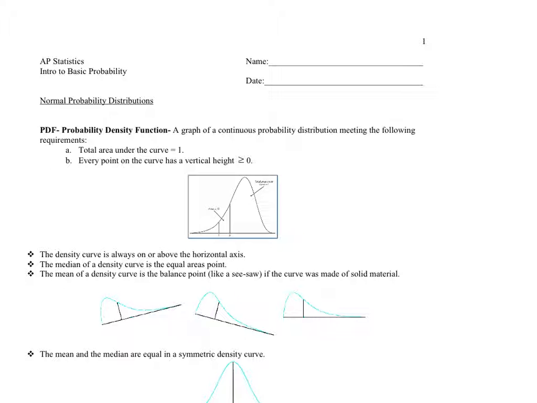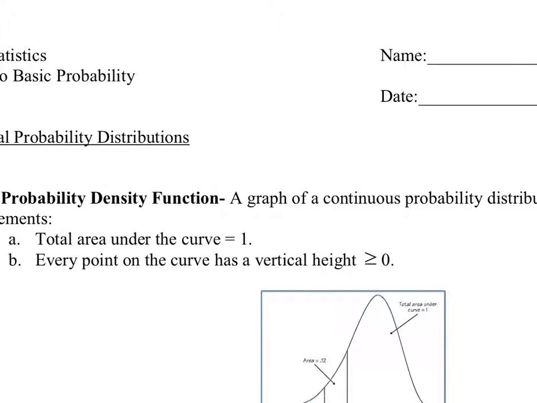But the bottom line is the total area has to be equal to 1, and the justification for that is if it's going to model a probability situation, it's got to contain 100% of the values. All right, and every point on the curve has a vertical height greater than or equal to 0, because every point on the curve represents a probability.